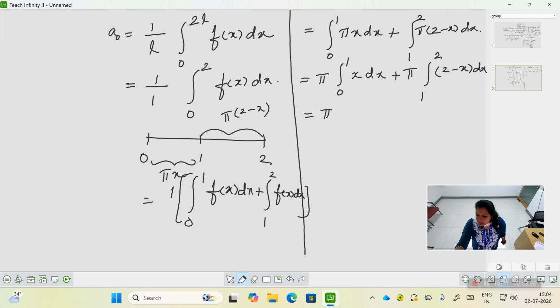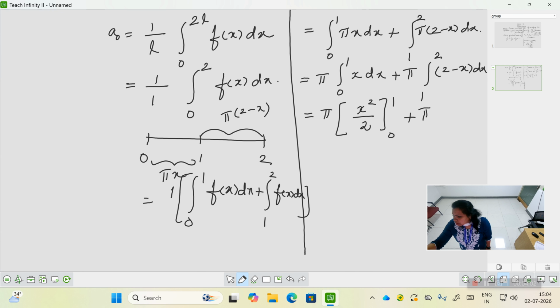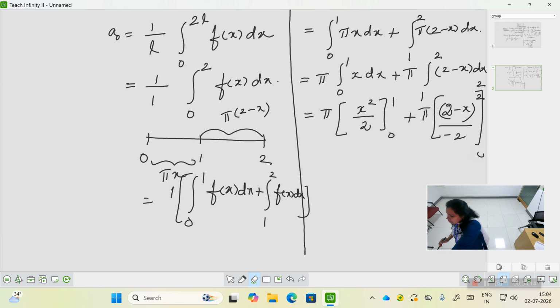Integral x dx is x square by 2, 0 to 1, plus pi times the integral of 2 minus x, which is 2 minus x the whole square divided by minus 2. Why minus 2? Because x is negative here, so we get minus 2.